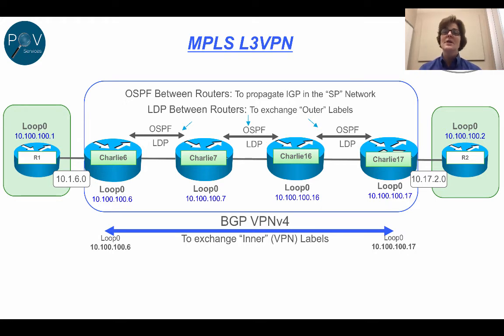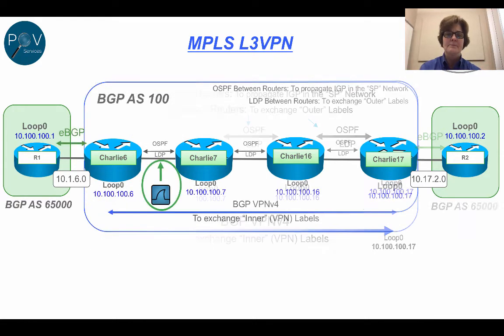I'm just saying inner label and outer label so that you can understand from an MPLS L3VPN perspective which protocol actually created which label. Because for MPLS L3VPN to get across this network, an ICMP echo from R1 to Charlie6 and out, when it goes out of Charlie6, is going to have two labels.